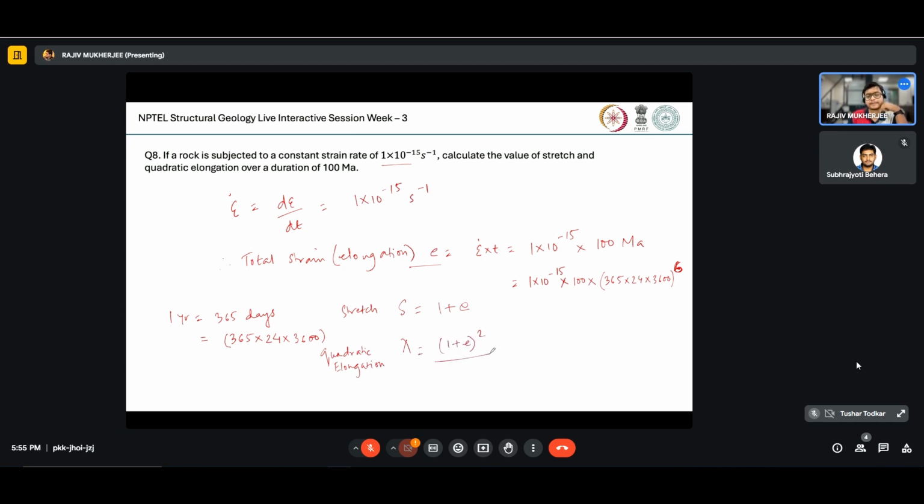Okay. So by putting these values, you can calculate yourself. Just check how this value is coming and multiply it with the strain rate, and you will get the total elongation, which is then easy to calculate for stretch and the quadratic elongation. Okay.